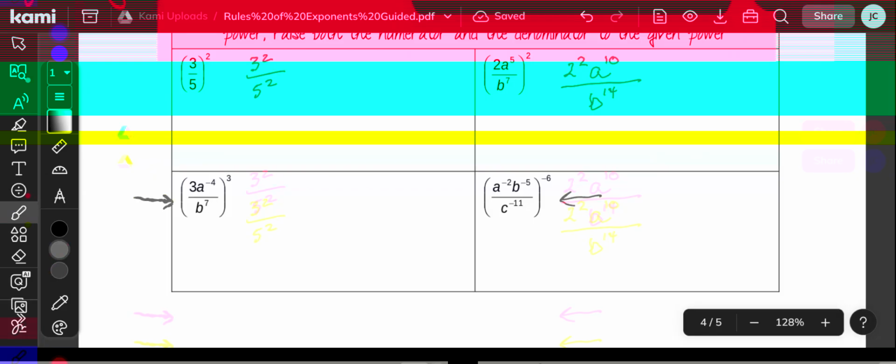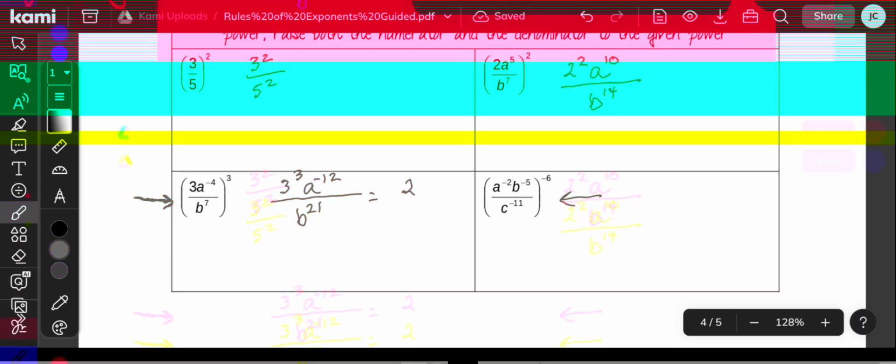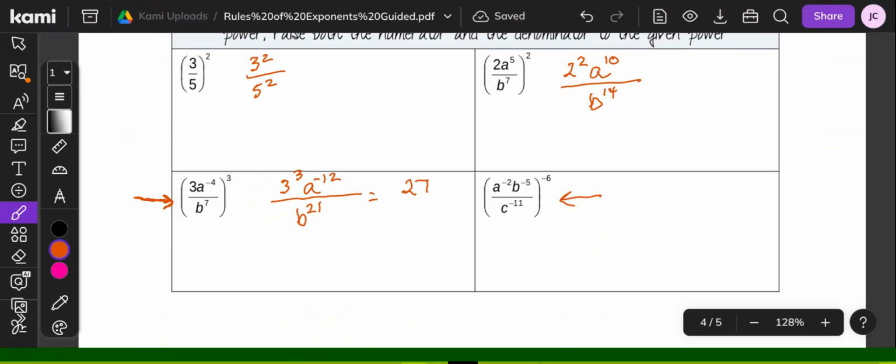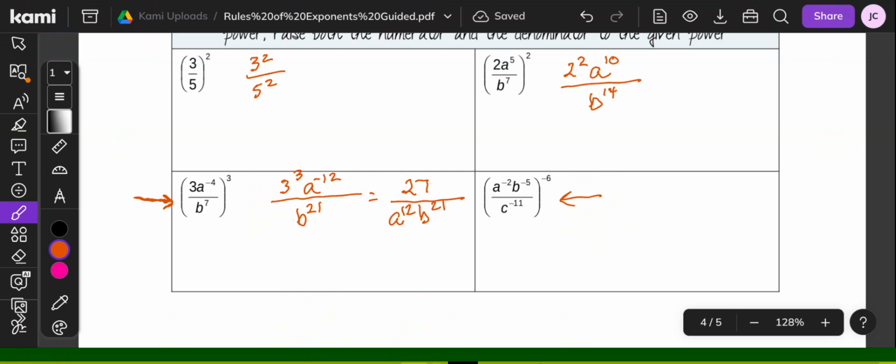Okay, we're back. And so what do I have? I have 3 to the 3rd, a to the negative 12 over b to the 21st. And so this is actually 3 to the 3rd. I'm going to say that's 27, which is what it is. 27 over a to the 12th, b to the 21st.